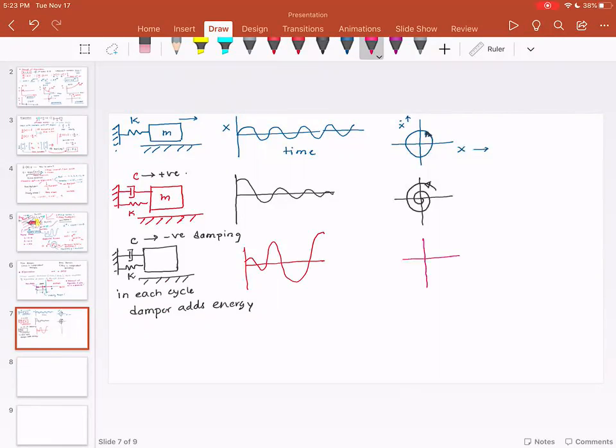So if I were to draw the phase portrait or the phase plane, it's going to be an outward spiral that tells me the system is unstable. It's going to show me an inward spiral here that tells me the system is stable. And then here a closed circle that shows me the system is simply stable.